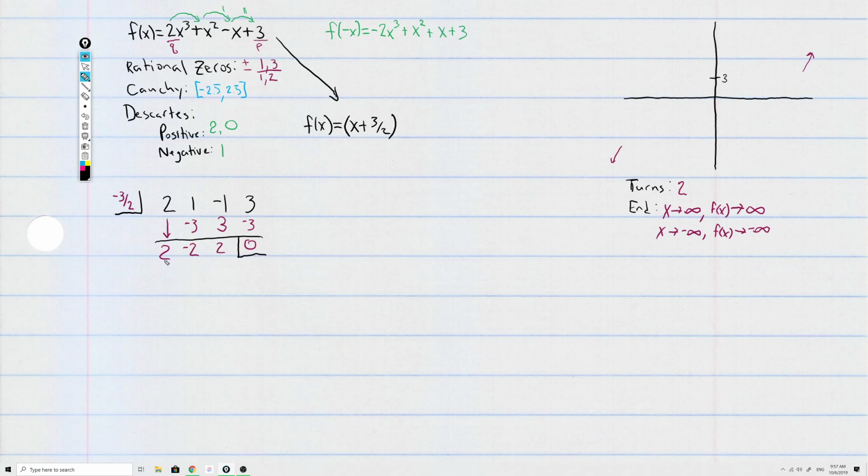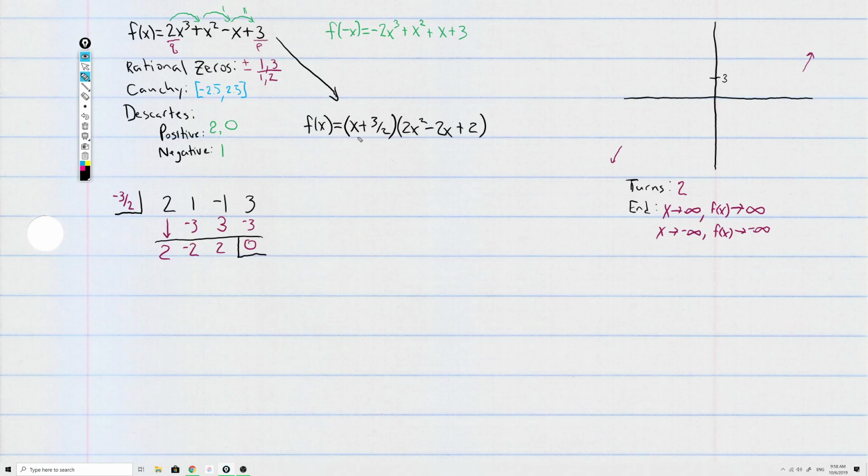And then the other factor is given in the bottom line of the synthetic division table. This is the quotient when you're doing the division. So I'm going to reinterpret these numbers as a polynomial, and I know it's going to be a second degree polynomial. So I'm going to have 2x squared minus 2x plus 2.